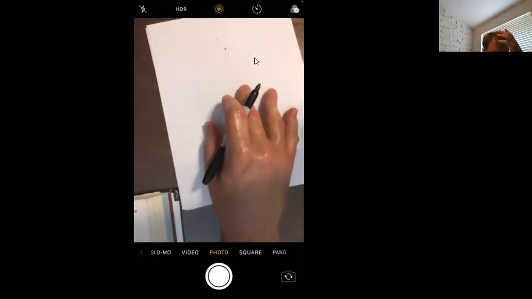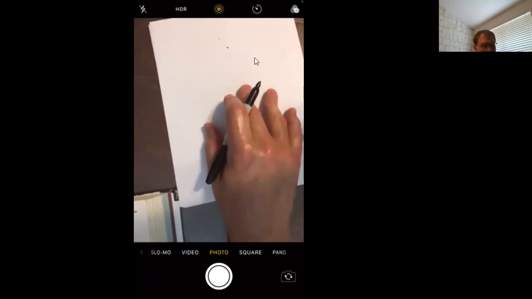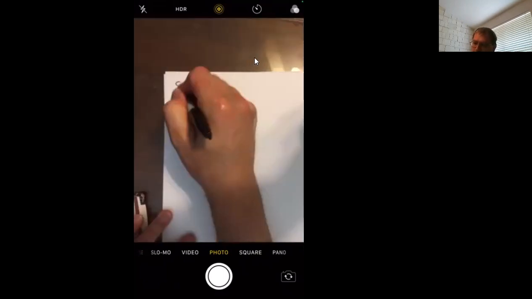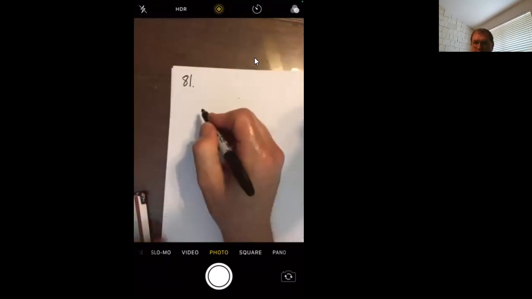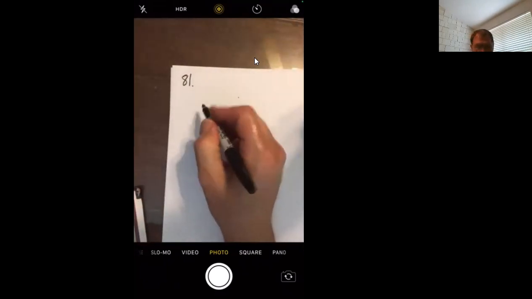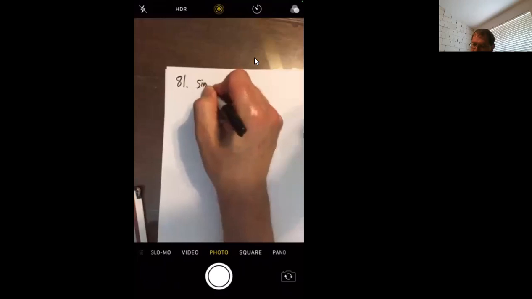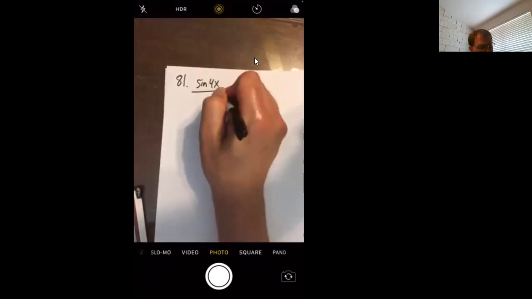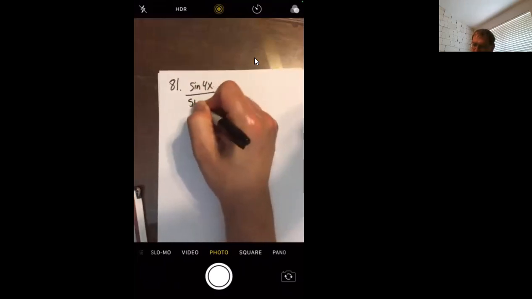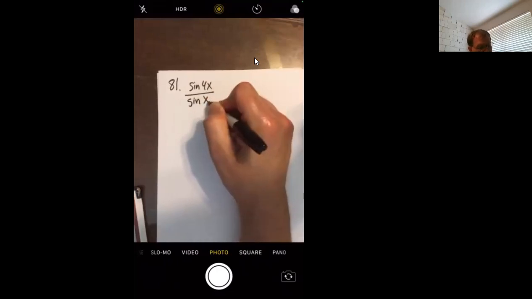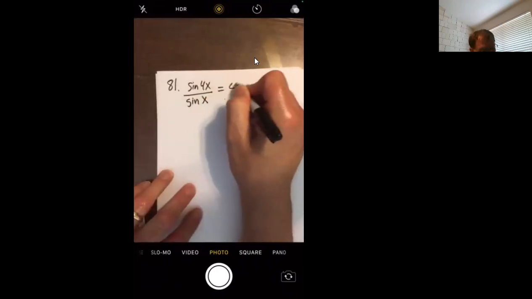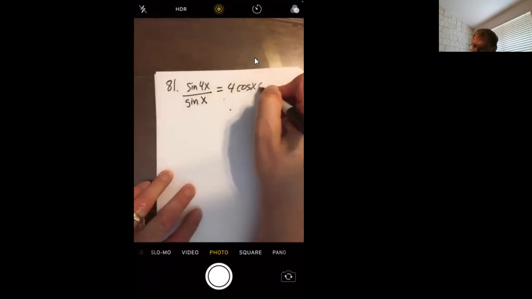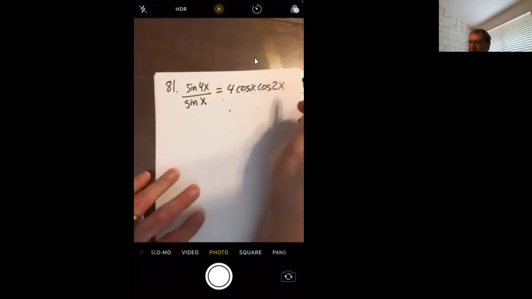Give a few more here. How about one like 81? Might make this last identity and then do one of the last ones here. Sine of 4x over sine of x comes out to 4 cosine of x, cosine of 2x.